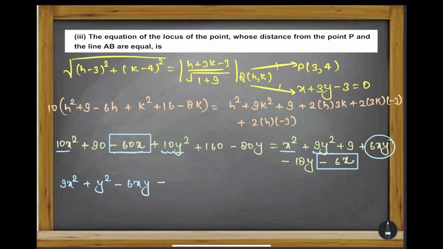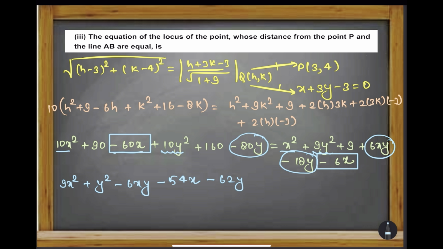So can I say it is minus of 54x? Now y, so this 18y will come this side, it will become plus, and here it is minus 80y, so can I say that it is minus of 62y?